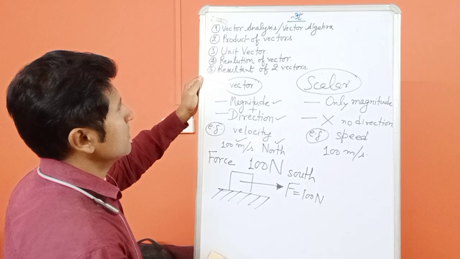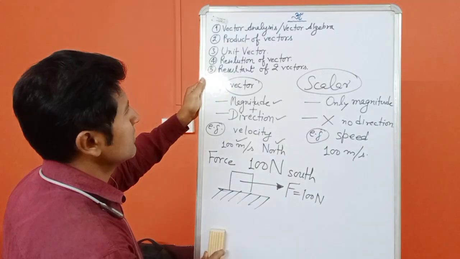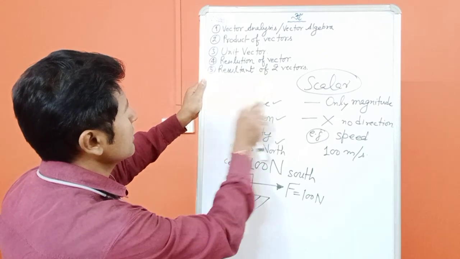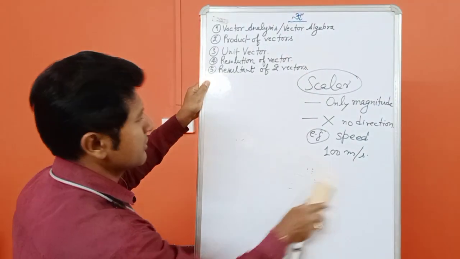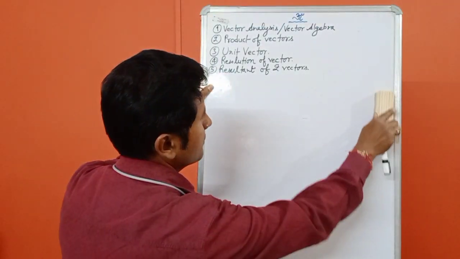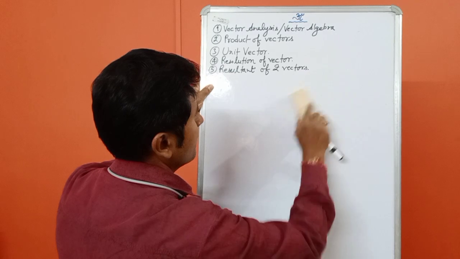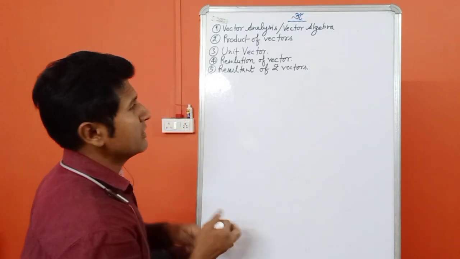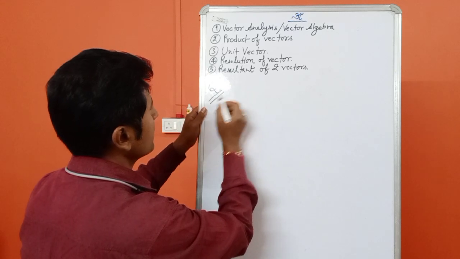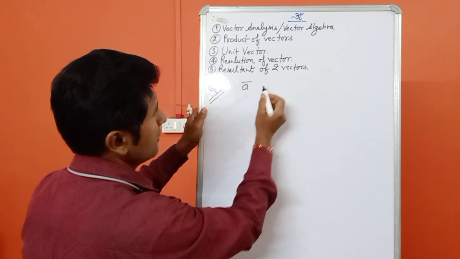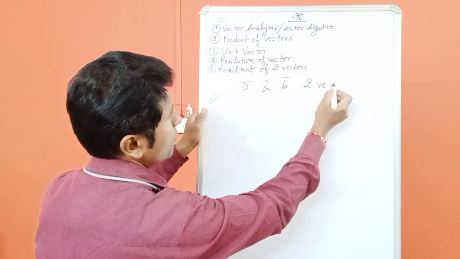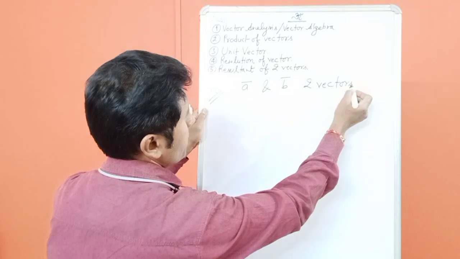Now, let's understand what is a product of vectors. Now, let's suppose we have two vectors, vector A and vector B. They are two vectors, right?